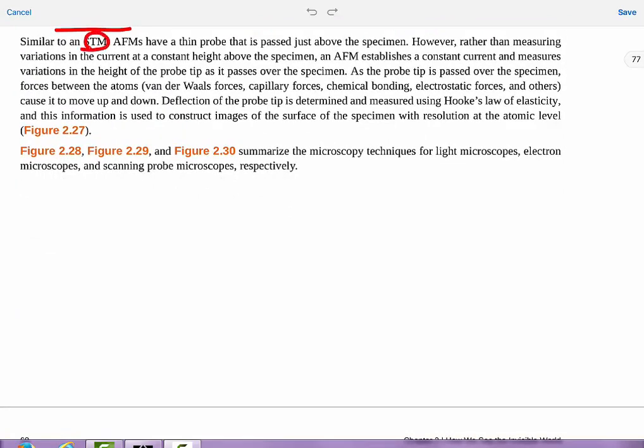Similar to the STM, the AFMs have a thin probe that is passed just above the specimen, in that same way. However, rather than measuring variations in the current at a constant height above the specimen, an AFM establishes a constant current and measures the variations in height of the probe tip as it passes over the specimen.